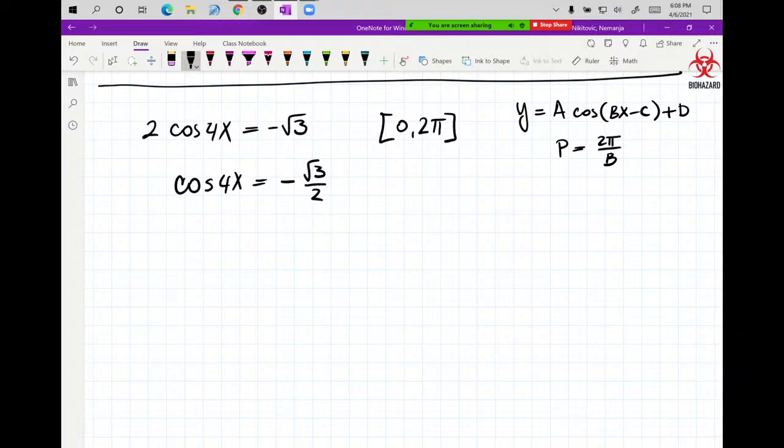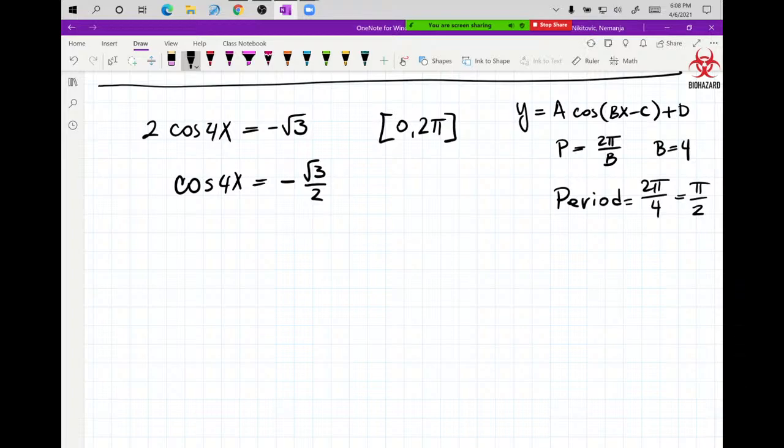So in our case, b is 4, and because b is 4, the period is equal to 2 pi over 4, which is pi over 2.